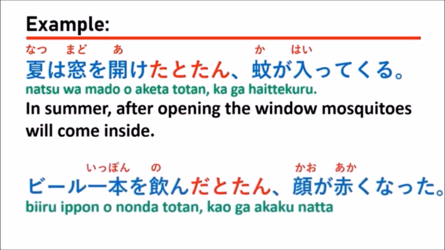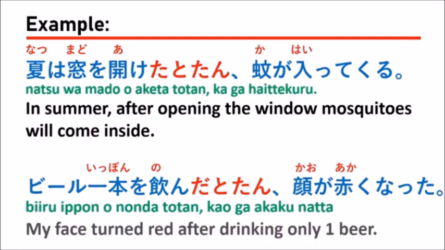The next example, ビール一本を飲んだ途端、顔が赤くなった。Which means that my face turned red after drinking only one beer.